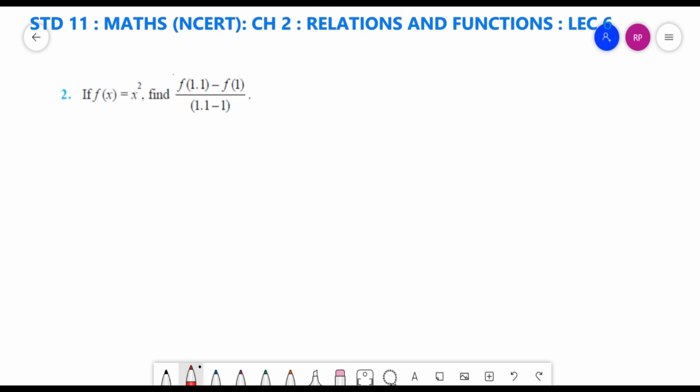Now let's move to question number 2. Here it is given f(x) is equal to x².